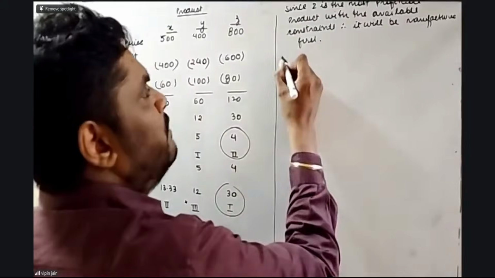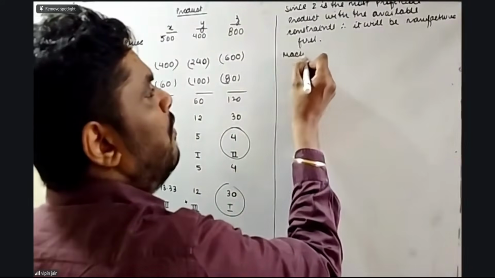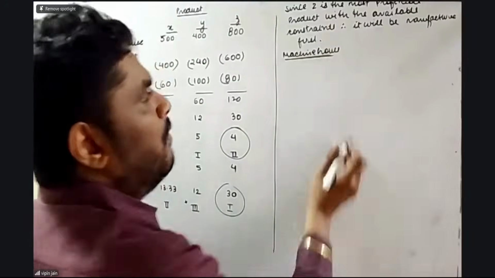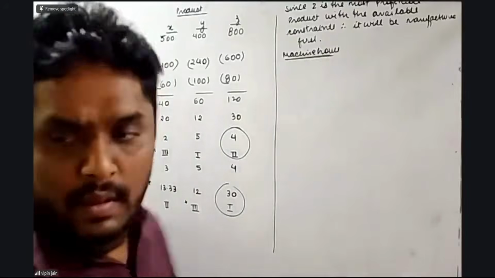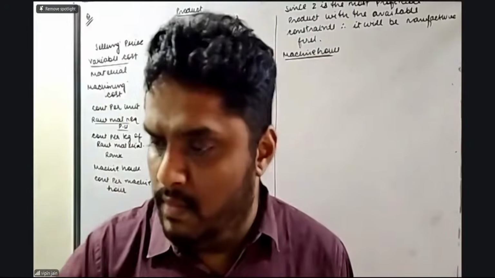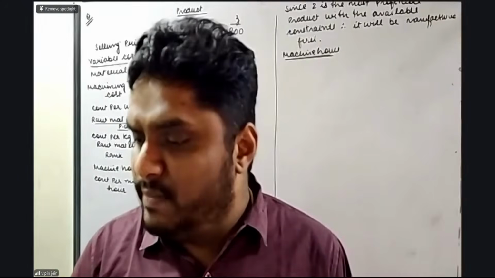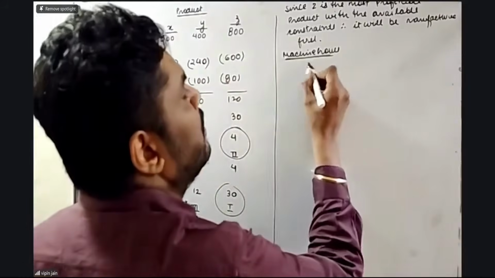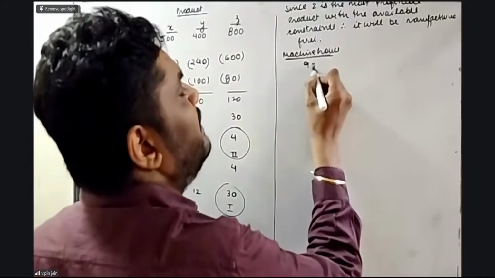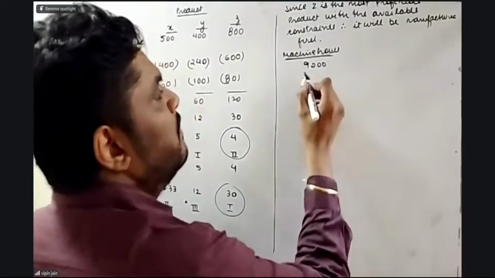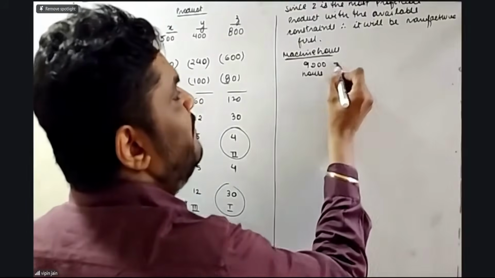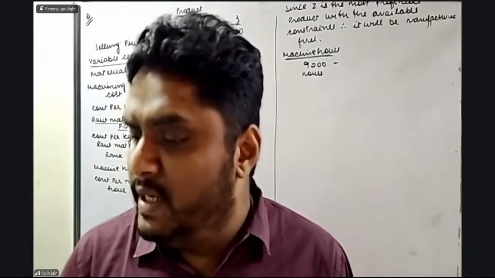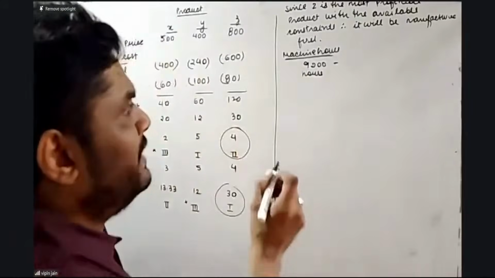So when talking about machine hours, see, it is given in the question that the maximum number of machine hours available are 9,200. So we will first manufacture all the units of product Z. See, product Z, the demand is limited to 750 units only.